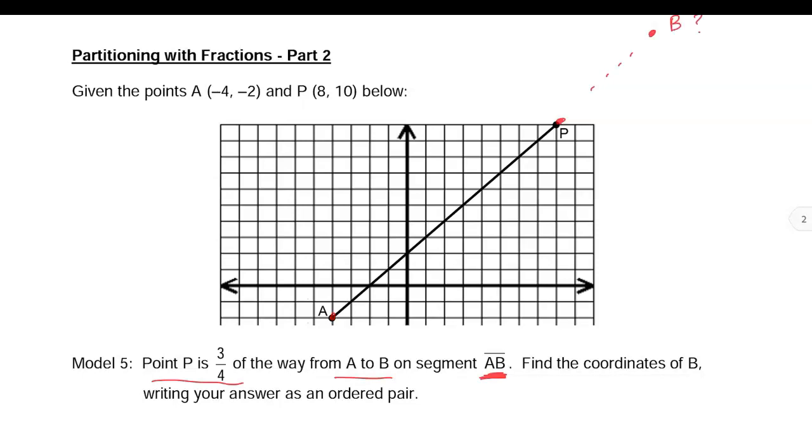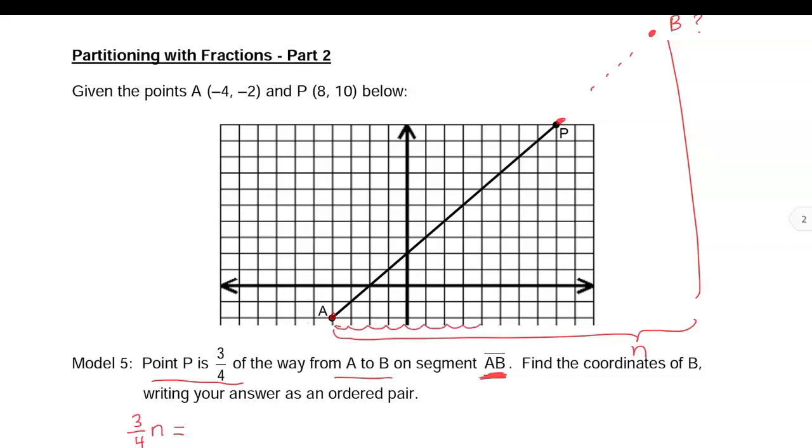So what we could do is think of the horizontal distance from A out to B as being N. So when we do 3/4 of N, then we would be how many units along the x-axis to P. So I'm going to count from A to P: 1, 2, 3, 4, 5, 6, 7, 8, 9, 10, 11, 12.